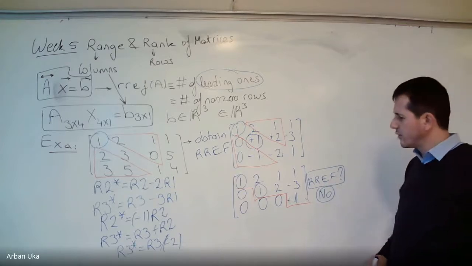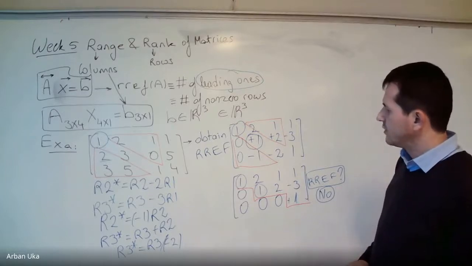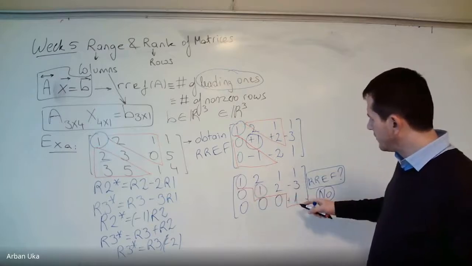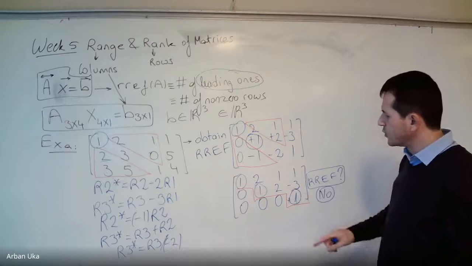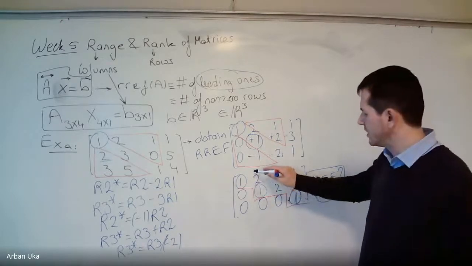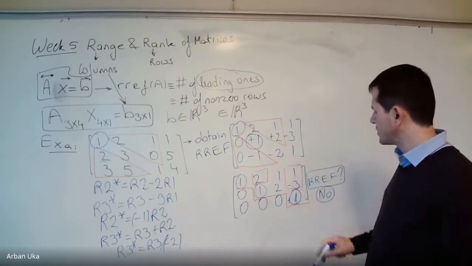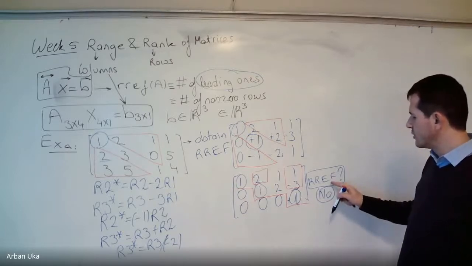Reduced row echelon form would need more. Wherever we have the leading ones, we should make zeros where the leading ones are. So we are left with these and these. Once we get done with this, then that would be the reduced row echelon form.